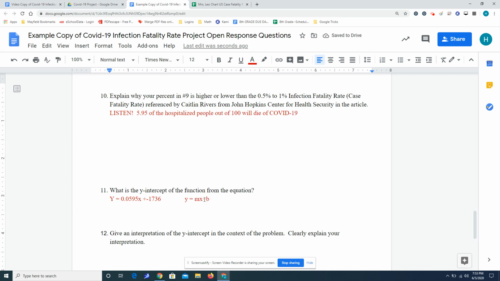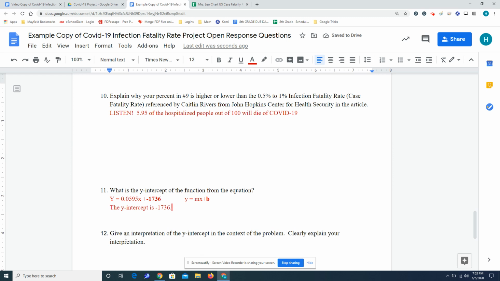Well, what is the y-intercept? Remember, y-intercept is b. Okay. So, what is in place of the b in our equation? For my equation that we're using together, it is negative 1,736. So, for this data, the y-intercept is negative 1,736.